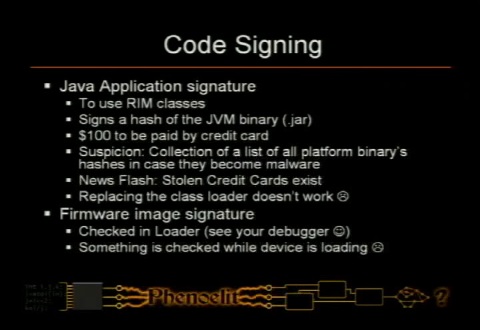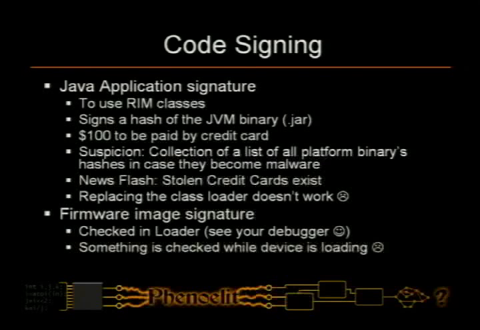Our suspicion is that they say, well, if we ever have a binary that's doing evil things on our Blackberries, like a Blackberry worm or something, then we have the hash of the binary, and since the guy paid with his credit card, we know who it is, and we can bust him, which works in a world that doesn't have stolen credit cards. So yeah, it's not going to do that, but anyway, that's the procedure.